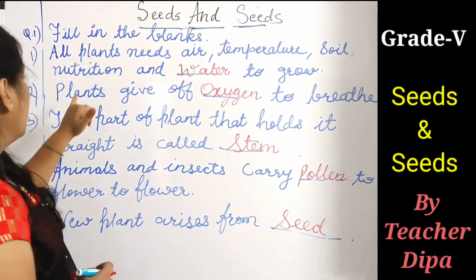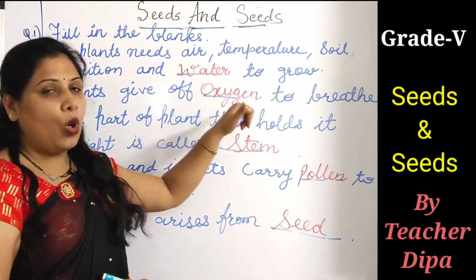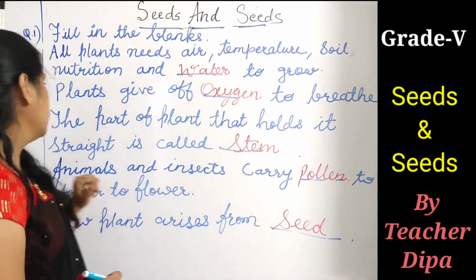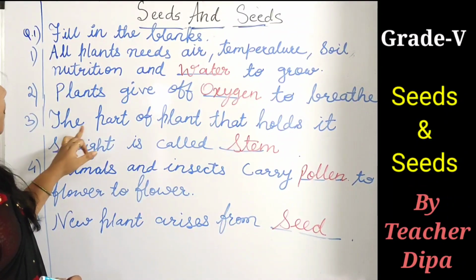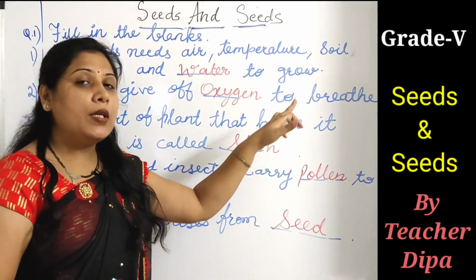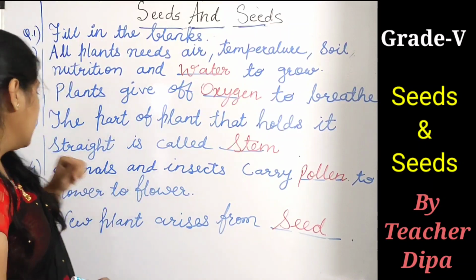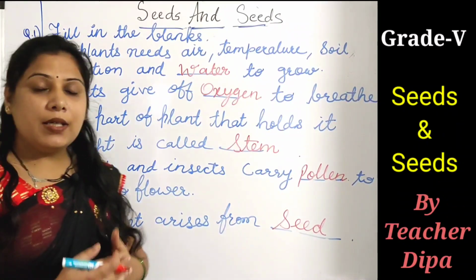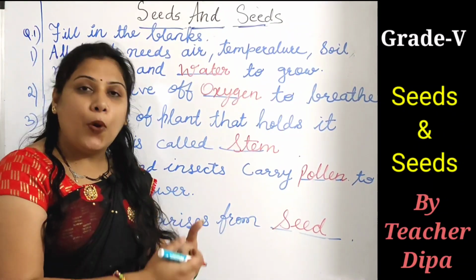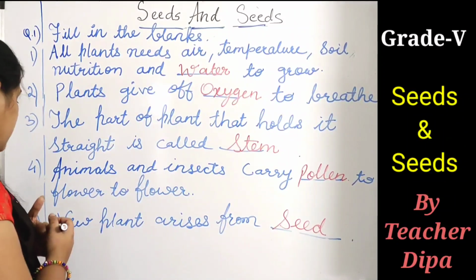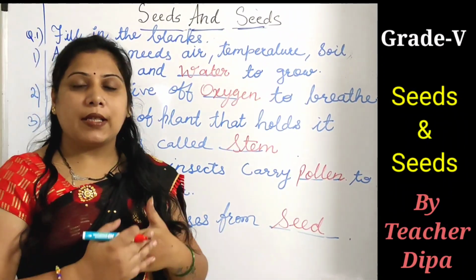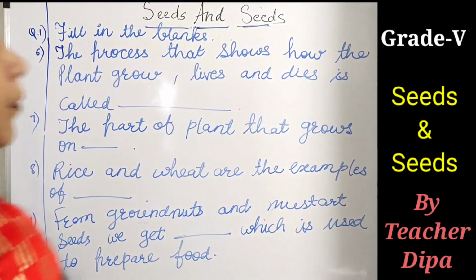The next is plants give off oxygen to breathe. The third is the part of a plant that holds it straight is called stem. Next is animals and insects carry pollen from flower to flower and new plants arise from seed.